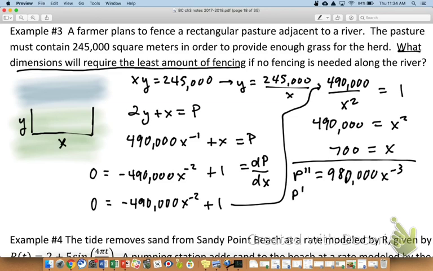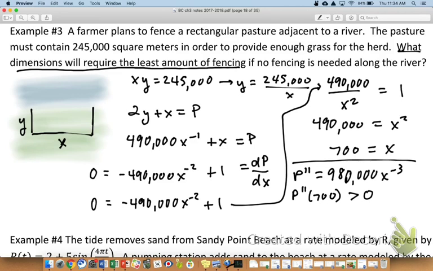I can say for sure that p double prime of 700 is positive. Off the top of my head, I do not know what 980,000 over 700 cubed is, but I do know for sure that it's positive. You have that stuff memorized? I should. I'll work on that. Maybe someday.